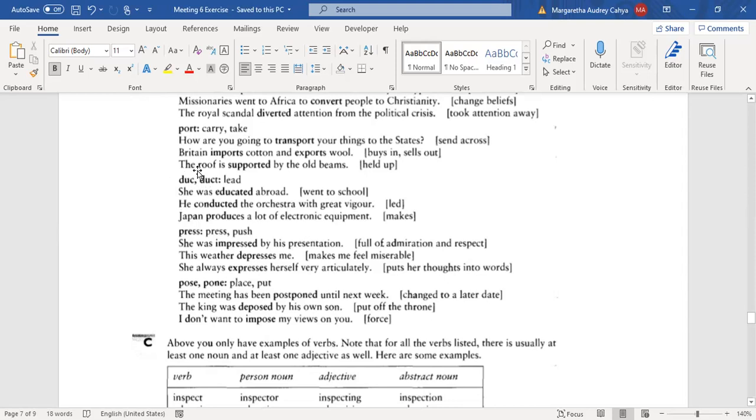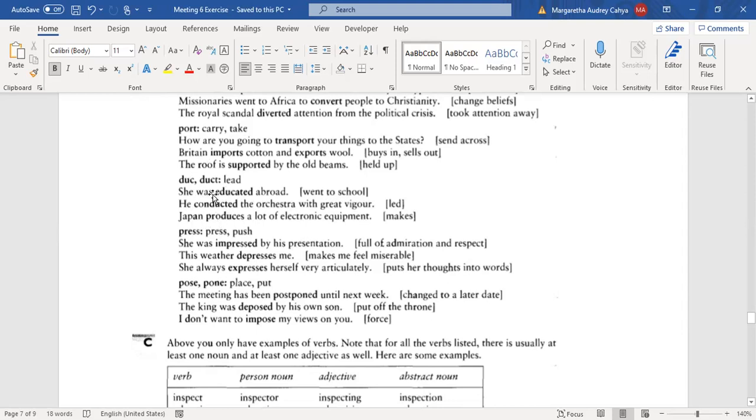Okay, so duct or duct, lead, educated, conducted, produces, makes. Okay, duct or duct. You can see the like difference. Oh, I see. Yeah.